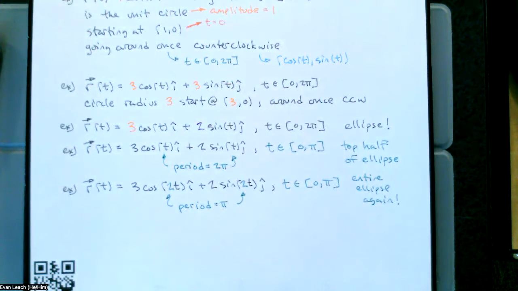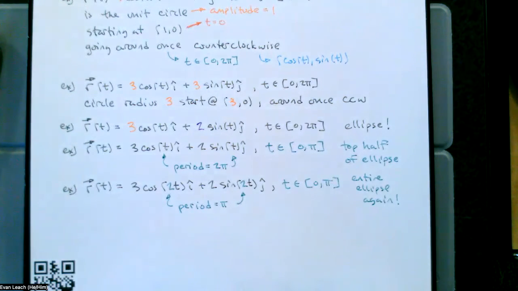So this is good news. We can make an entire ellipse with any period that we want. We can choose the values of t that we're going to plug in. We just need to adjust the period of our ellipse or our component functions. Just by adjusting the component function, we can have whatever interval of t that we want. So that's good news. We could use whatever interval we want and still get the entire ellipse. That's bad news, because we can use any interval we want and still get the entire ellipse.